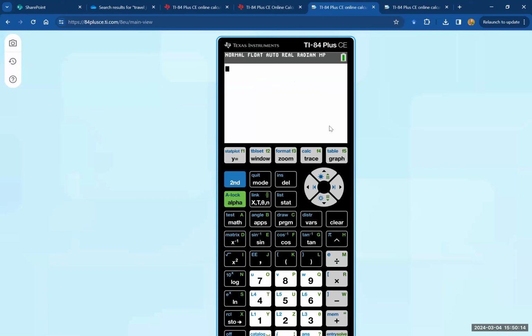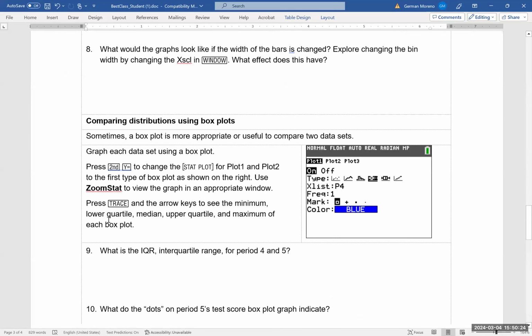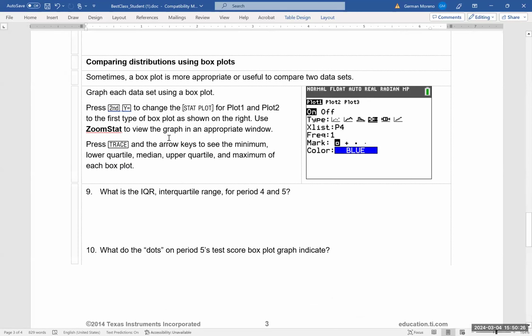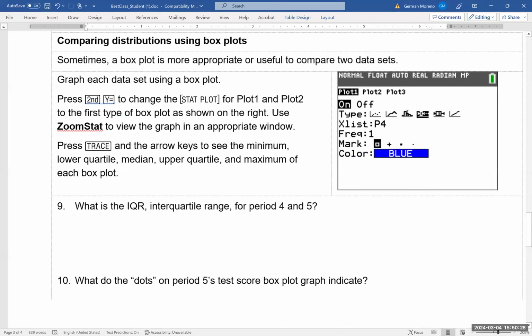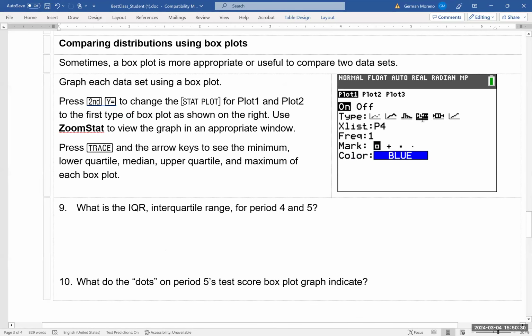And I believe there's one more thing I wanted to do before I close out this tutorial, and that is showing you how to look at box plots. So we're going to change it from the histogram to a box plot on the calculator.